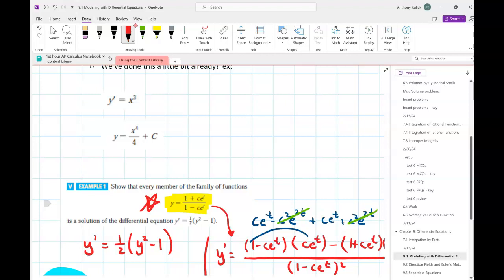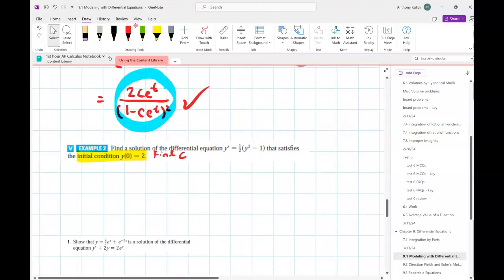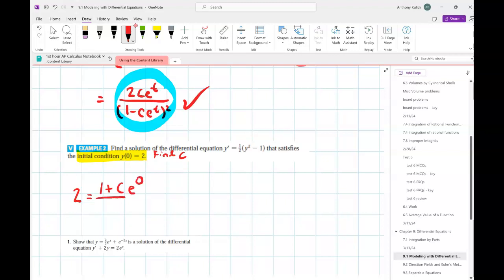So what we're trying to do with this y is just solve for the c. So we know that y of 0 is 2. So we have that, right? I've just taken my equation for y.